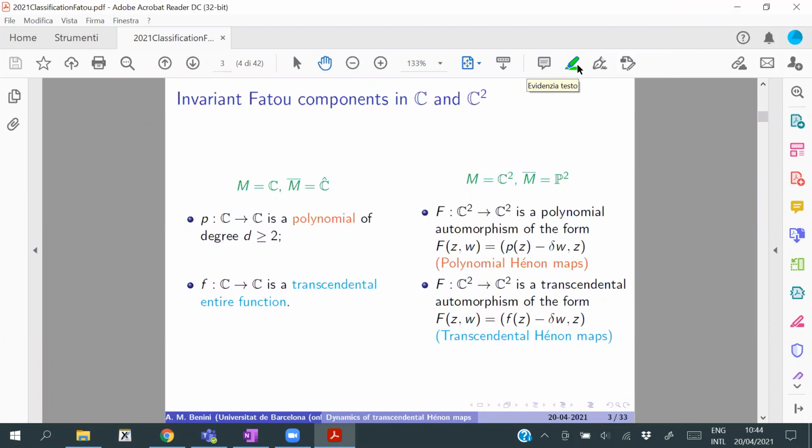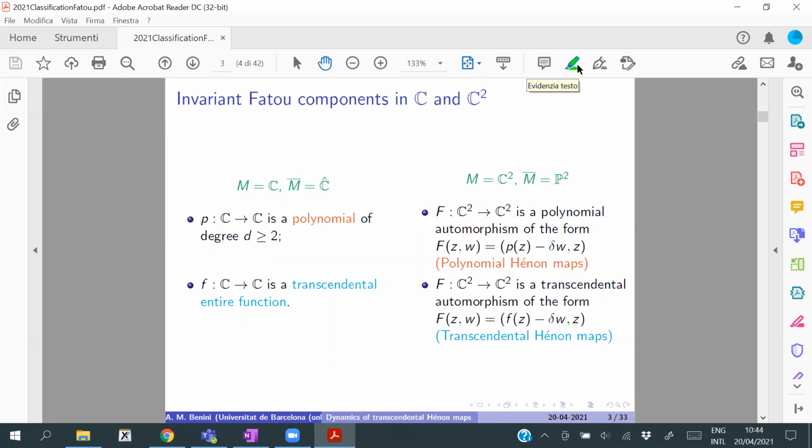So I think it's in general not, because your function f is not linear. So I think it's in general not true. But you can still say a lot on the dynamics. I don't want to say something stupid. Okay, I will need to check. But I think it's in general not true, because at the very second step, in the second coordinate, you get f of z minus delta w, which is never the previous coordinate.